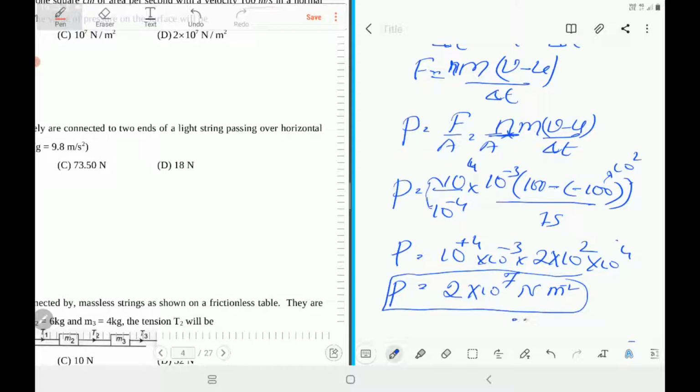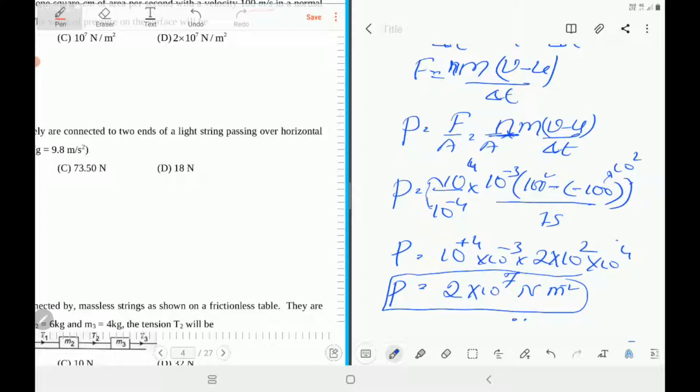This is the pressure exerted by the n number of balls striking with velocity 100 and rebounding with the same velocity. So total change in momentum, since v is the same as u in value, minus of minus plus u, so the total value is 2u because of the change in velocity, with the same value in the opposite direction.